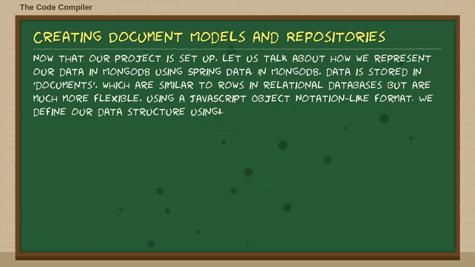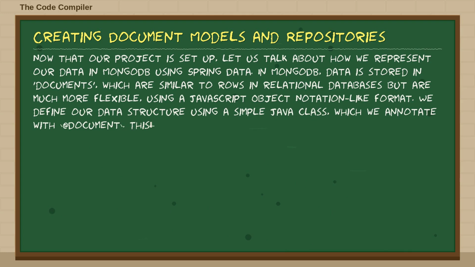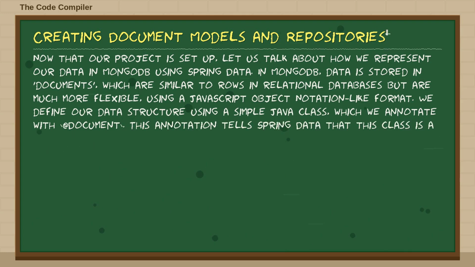We define our data structure using a simple Java class, which we annotate with @Document. This annotation tells Spring Data that this class is a MongoDB document. We also use @Id to mark a field as the primary identifier for our document.